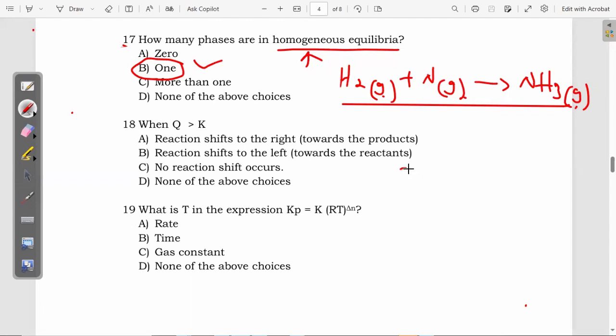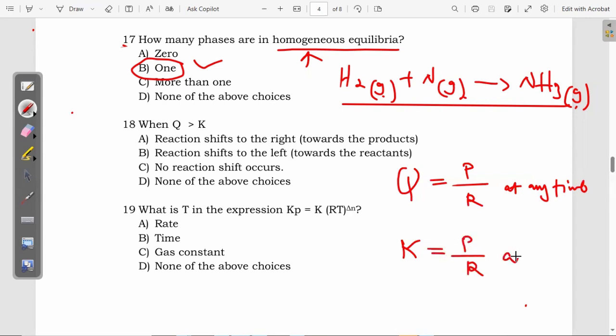So remember, we said Q is the ratio of the products to the reactants at any time, and K is the ratio of the products and the reactants at equilibrium. So when Q is greater than K, what does it mean?